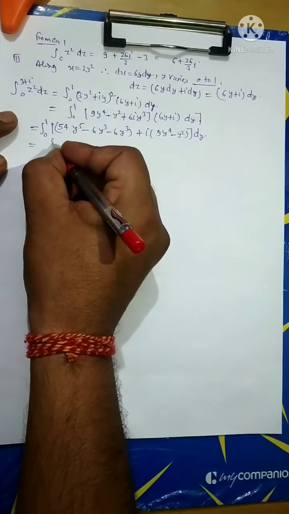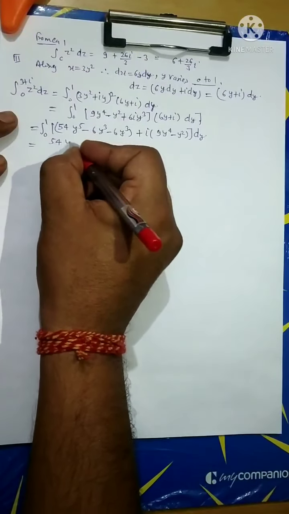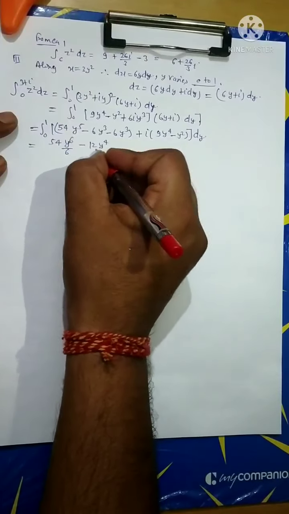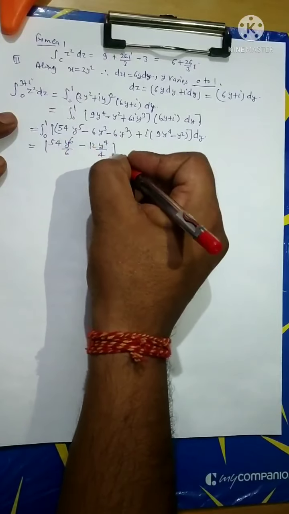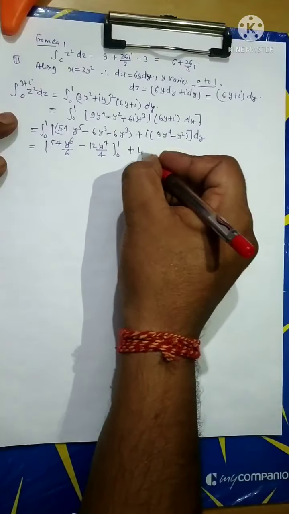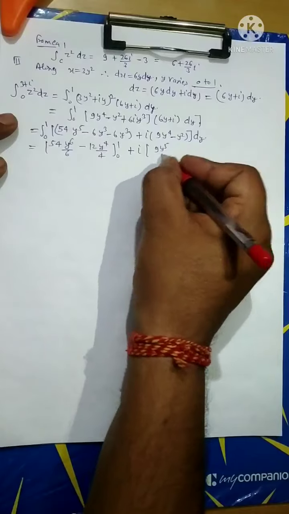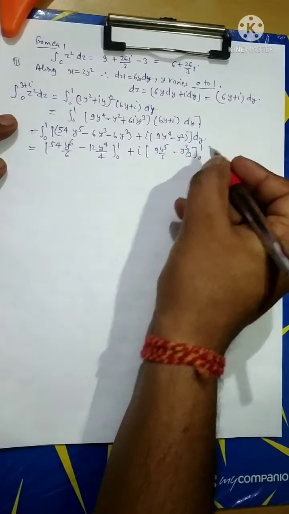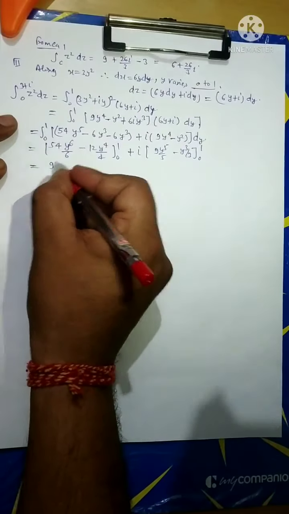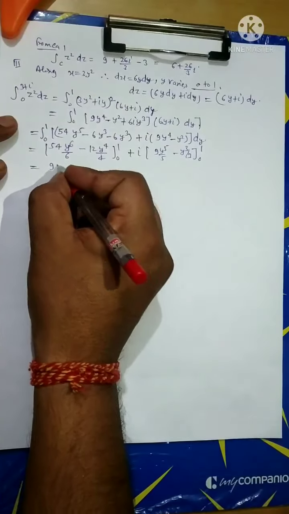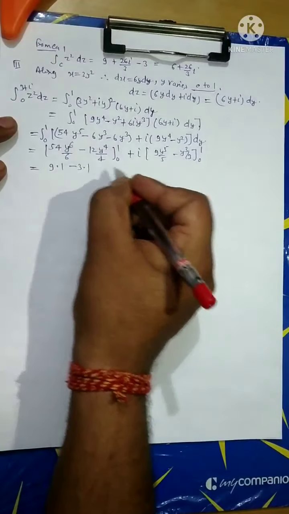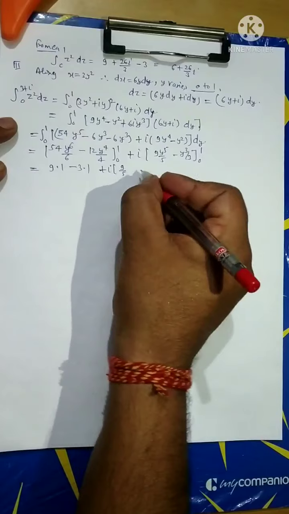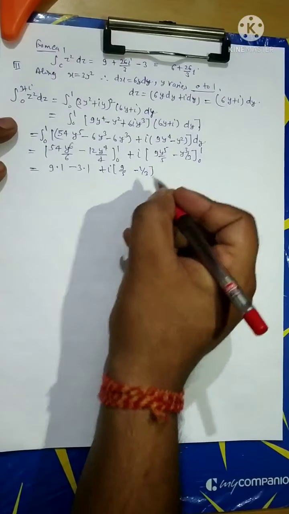Therefore 54y to the power 6 upon 6 minus 12y to the power 4 upon 4 limit 0 to 1, plus i times 9y to the power 5 upon 5 minus y to the power 3 upon 3 limit 0 to 1. This is equal to 9 into 1 minus 3 into 1 plus i times (9 by 5 minus 1 upon 3).